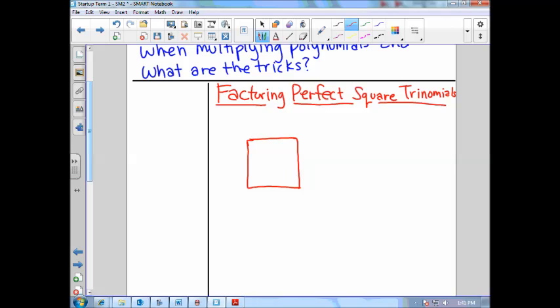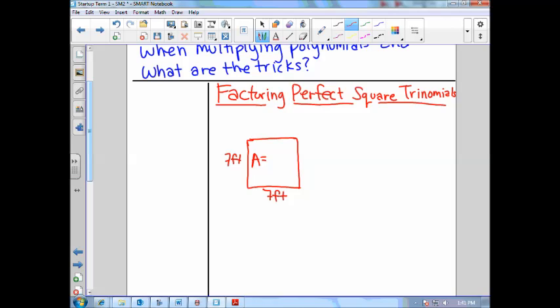They have 4 sides, and what do we know about those sides? If this side is 7 feet, what do we know about this side? 7 feet as well, right? Because they're all equal. So the area is length times width. Lexi, we go 7 times 7 for the length and width, right?